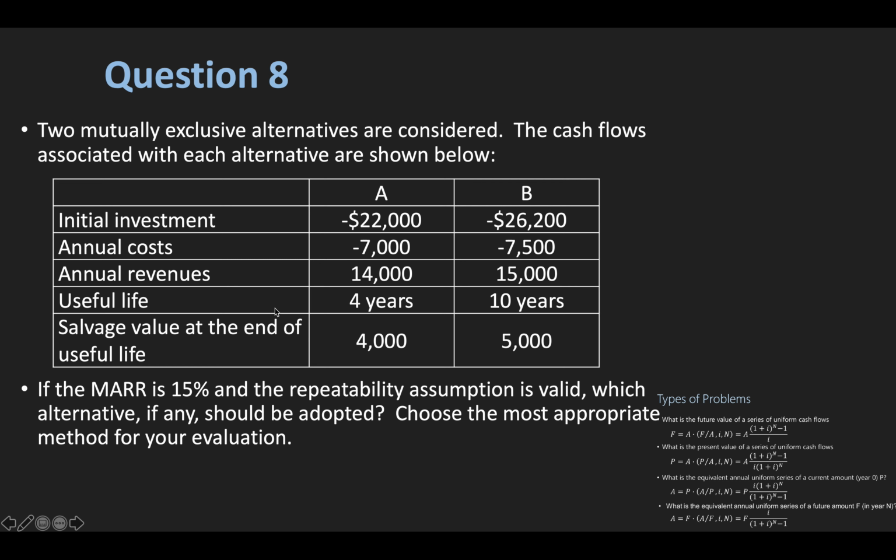One useful life is 4 years, the other much higher, 10 years. The salvage value at the end of useful life, this much, right? If the MARR is 15% and the repeatability assumption is valid, which alternative, if any, should be adopted? Choose the most appropriate method for your evaluation.